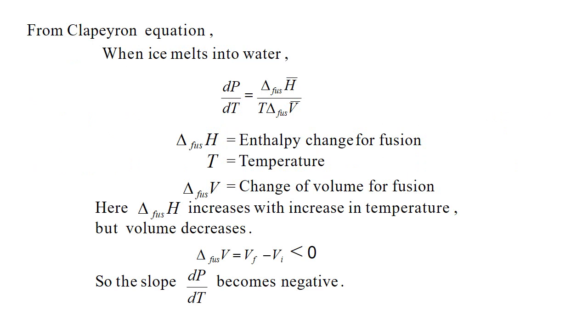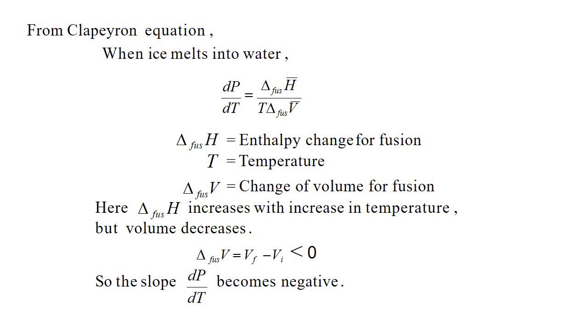According to the Clausius-Clapeyron equation, when ice melts into water, dP/dT is equal to the change in molar enthalpy of fusion over the product of temperature and change in molar volume of fusion, where delta H fus is the change in enthalpy of fusion, T is the temperature, and delta V is the change of volume for fusion.